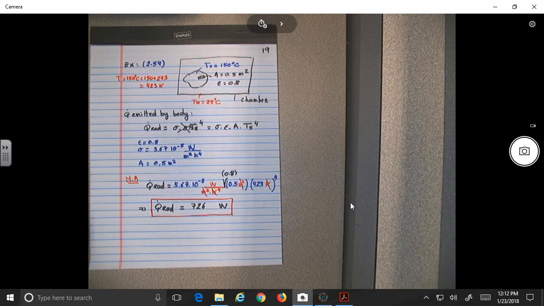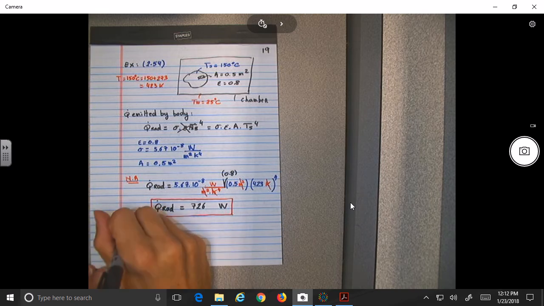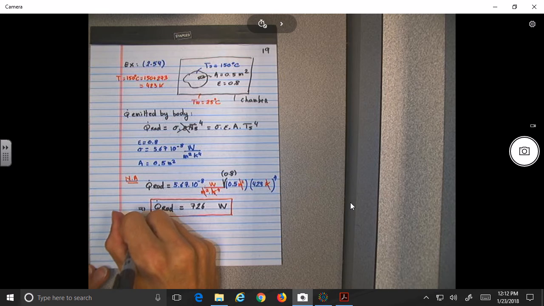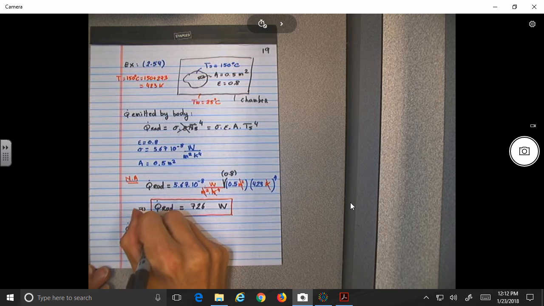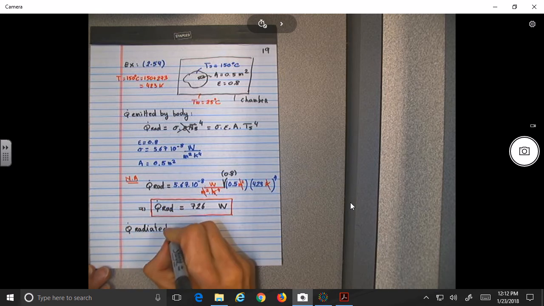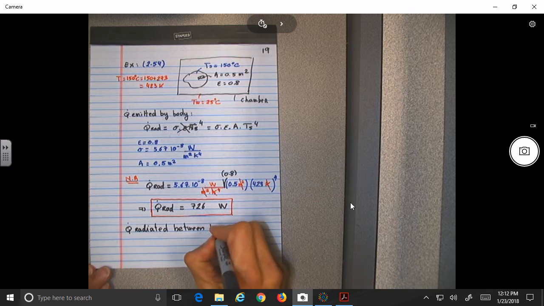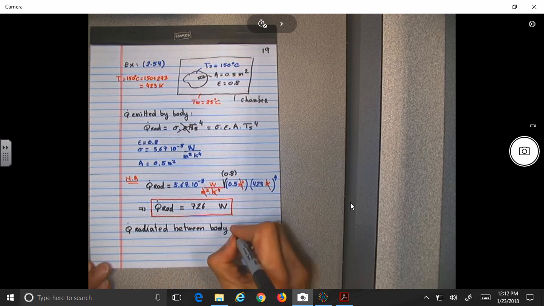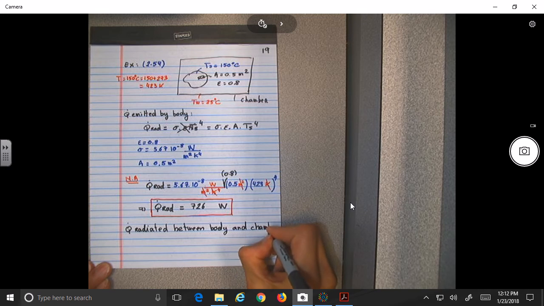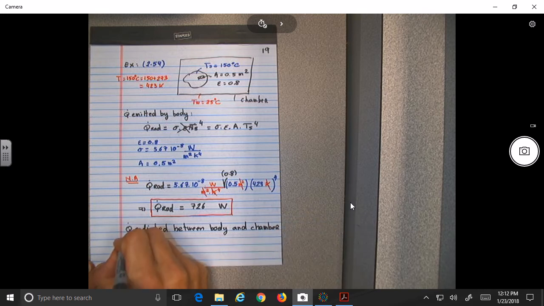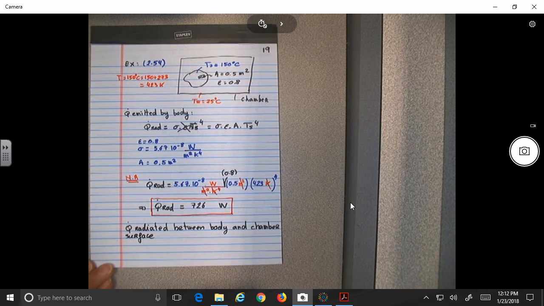Okay, so the next thing we need to find is Q radiated between the body and the chamber surface.